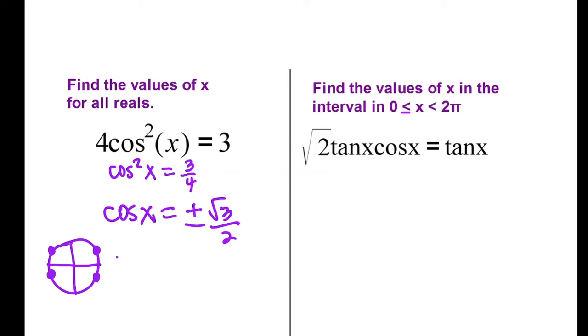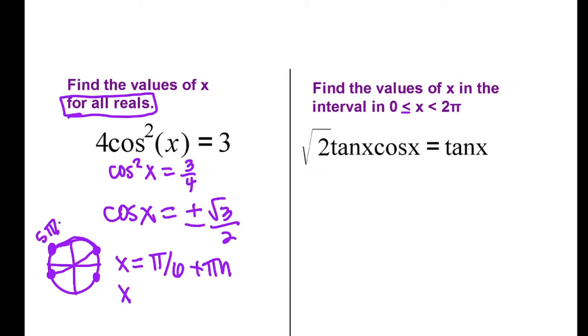And so it says for all reals, not on my unit circle. So what I'm going to do is try to make this as simple as possible. I'm going to pick the first one, pi over 6, and it's on a diagonal with 5 pi over 6. So I can get to it with pi n, and I'll do it again with the other one I didn't get to yet. I meant to say 7 pi over 6, by the way.